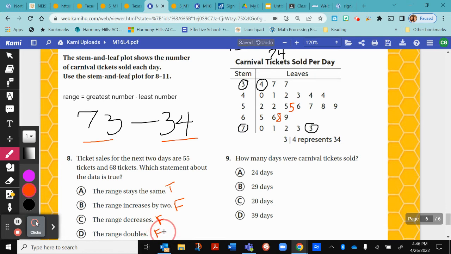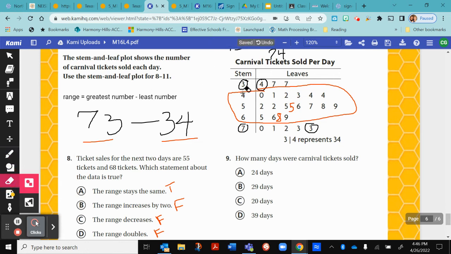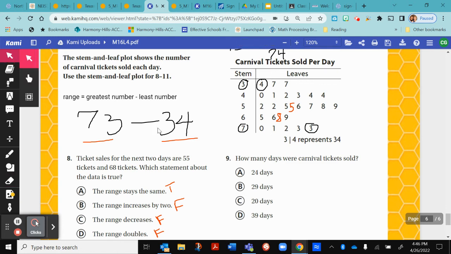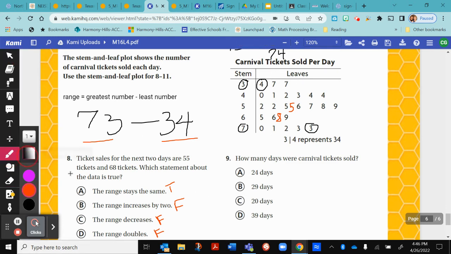No, because the greatest number and the smallest number still stayed the same. We just added numbers in here. Does this affect the range? No, it does not. So we don't even have to worry about it. If it changed the bigger number or the smallest number, then it would change it, right? So we're good. All right, let's move over. So the answer here is going to be A.